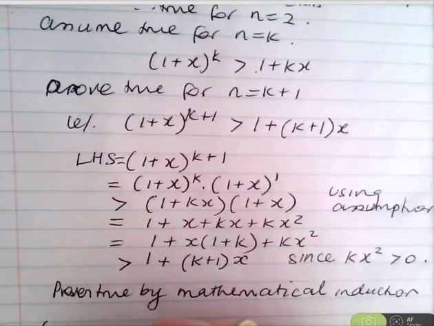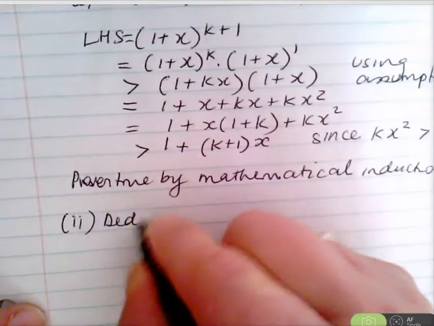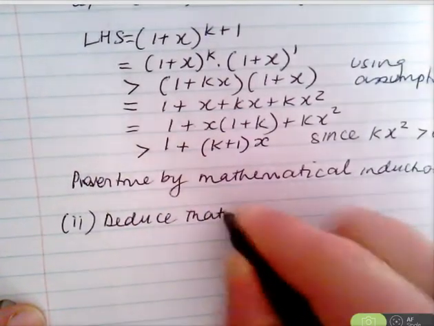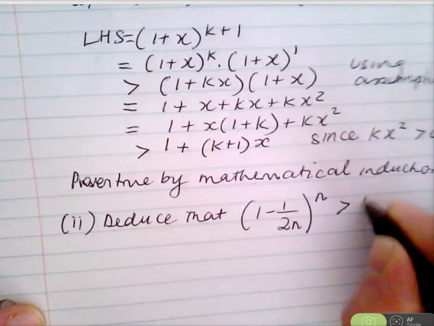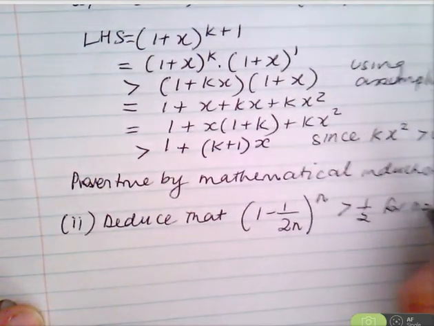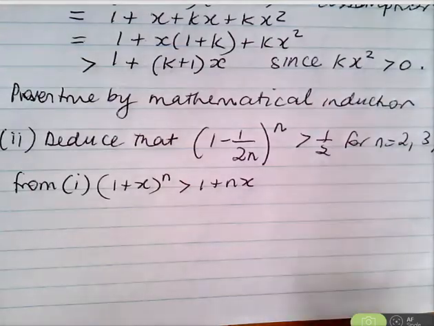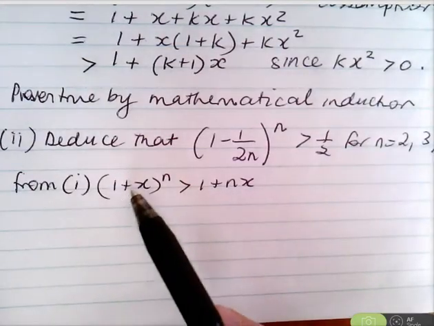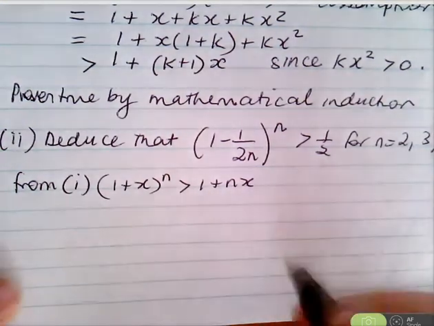Now for the second part of the question, we have to deduce that 1 minus 1 over 2n all to the power of n is greater than a half for n equals 2, 3, and so on. Our result from part 1, which we've just proven true, is that 1 plus x to the power of n is greater than 1 plus n times x.